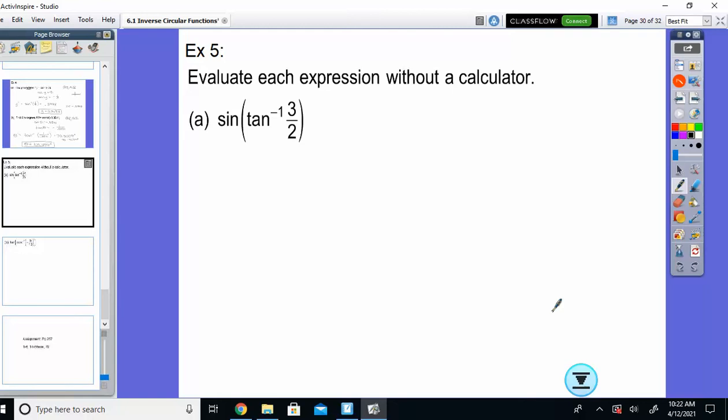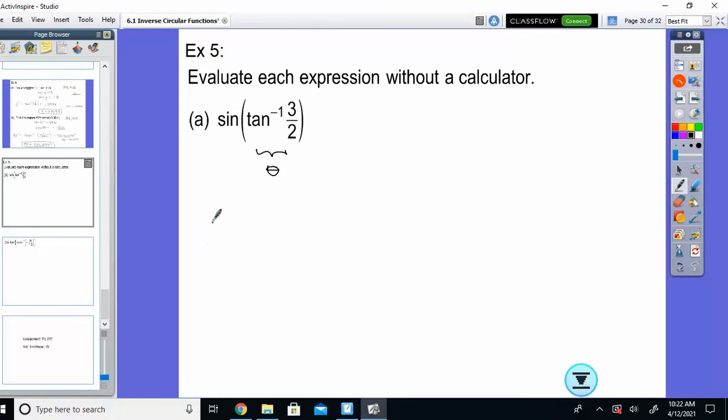I want to evaluate this without a calculator. Sine of tangent inverse 3/2. So an inverse gives you an angle.